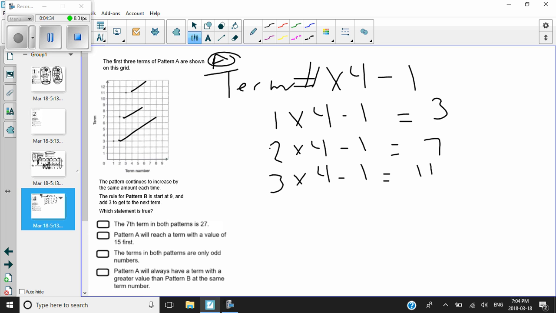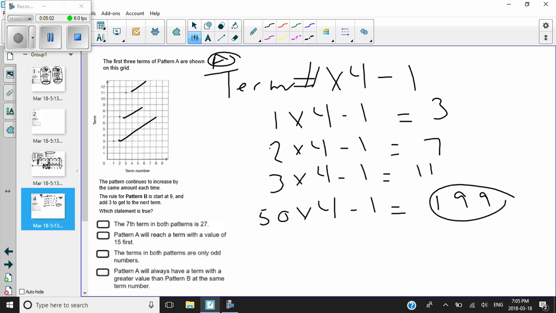So if I asked you now for the 50th term, I could take the position, which is 50, times 4, take away 1 equals, well, 50 times 4 is the same thing as 5 times 4, except we have to add a 0. So 50 times 4 is 200. Take away 1 is 199.